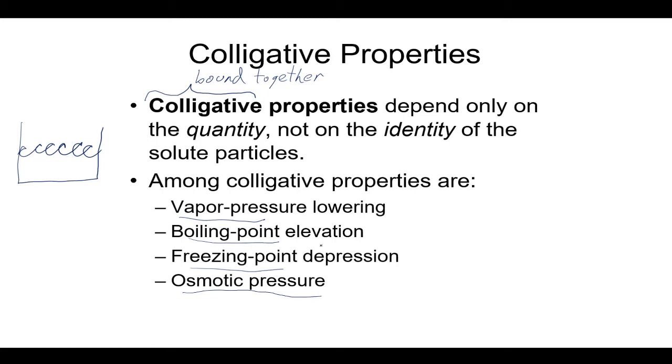So in today's lecture, we're going to define each of these things. We've already talked about a couple in previous lectures, and then we're going to introduce the formulas in order to quantify how much they change for the given quantity of solute. So again, it depends how much solute you're putting in, not exactly the identity of said solute.